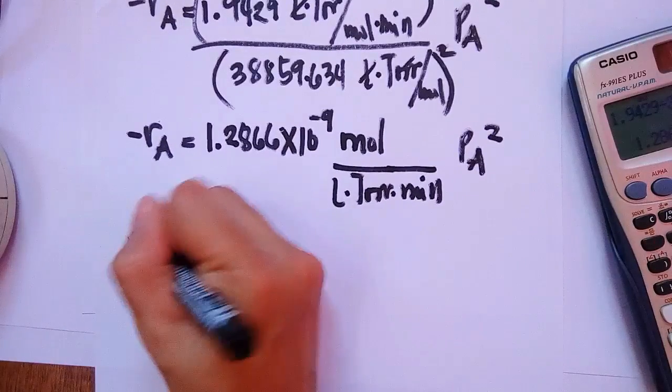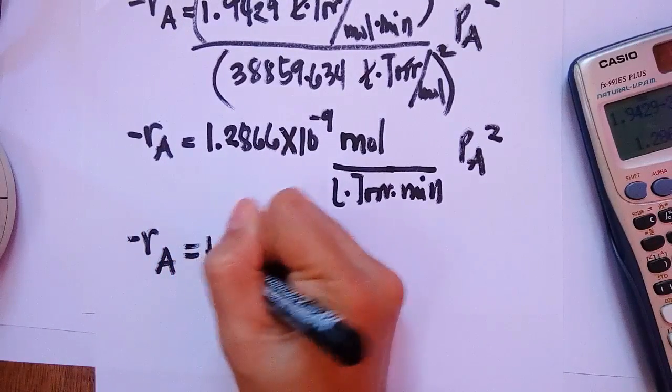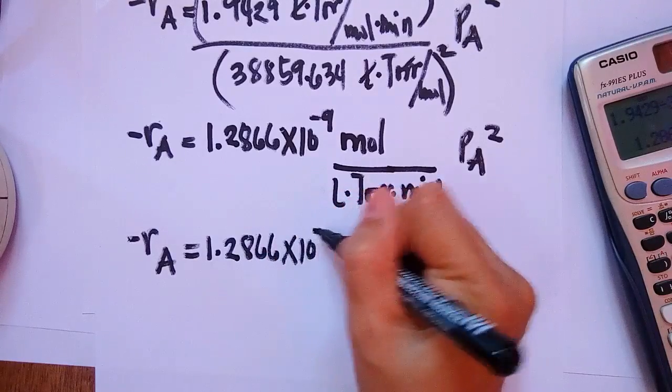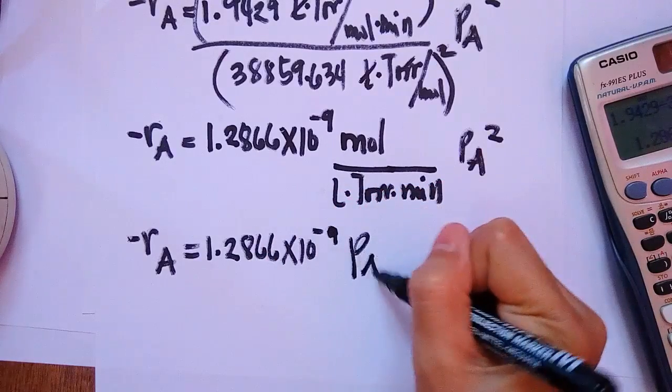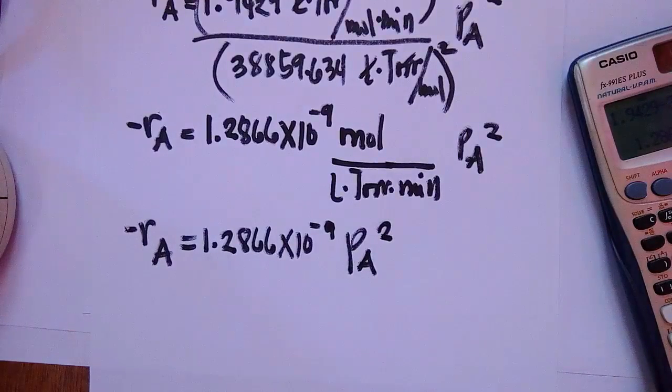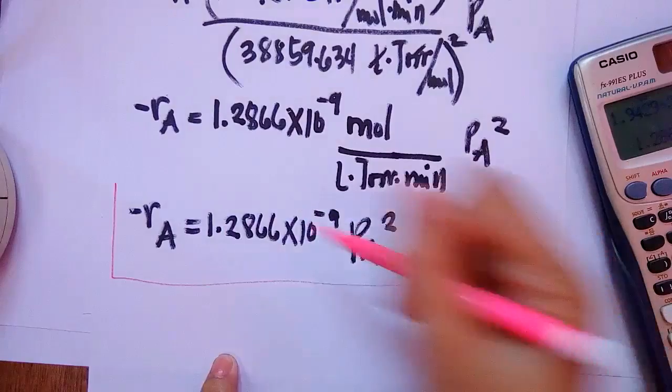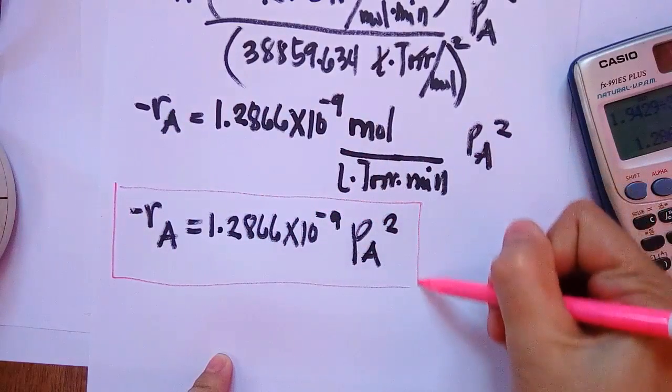Or you can just write negative rA equals 1.2866 times 10 to the negative 9 PA squared. This is now our rate equation.